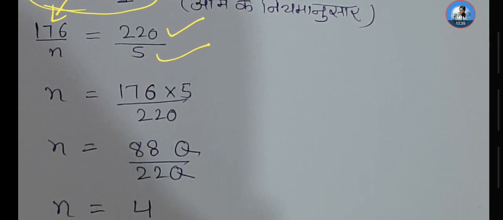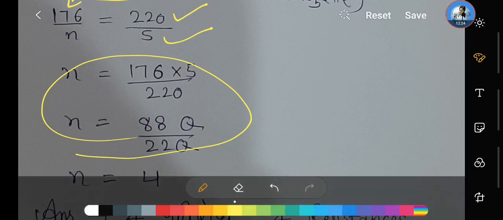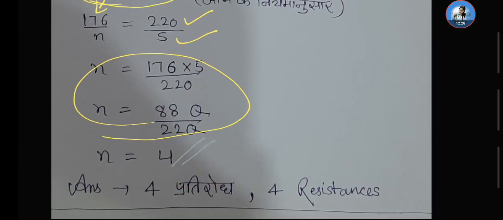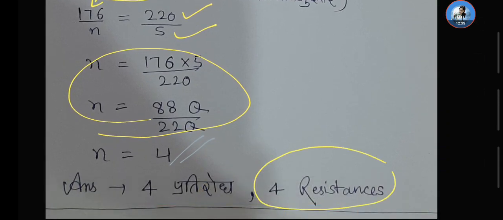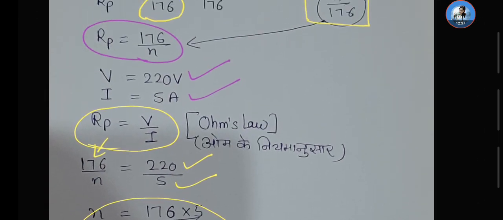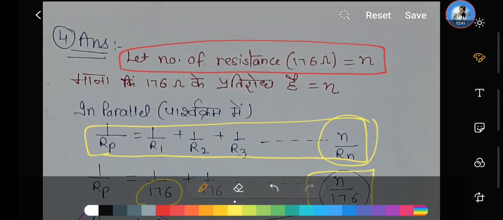So we calculate the value of n, the number of resistances, easily. We got the value as 4. It means we require 4 resistances in parallel to get the 5 ampere result. Okay. This is the solution of your fourth question.